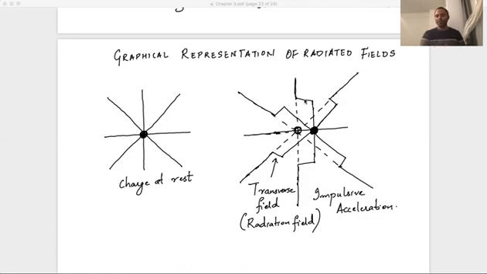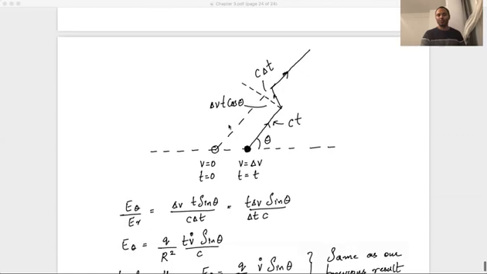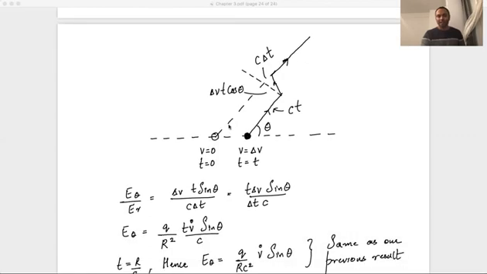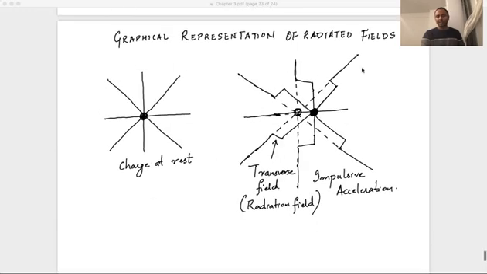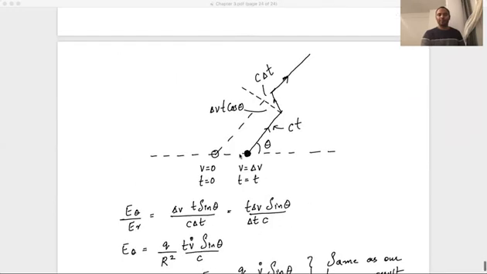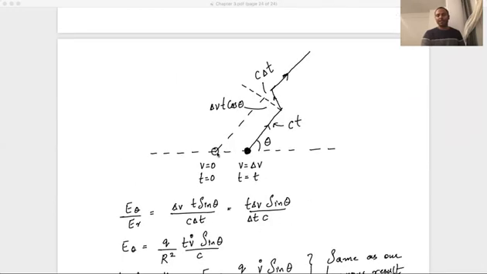Now, what's really fun about the physical intuition is that all the messy derivation we went through can be arrived at very simply with just this geometric picture. I want to show that because it's fascinating. So just imagine a single field line. In the previous graph I drew a lot of radially emanating field lines. I'm just going to take a single field line at some angle theta. Here's the old position of the charge. Its velocity was 0, and I'm going to call that time equal to 0.